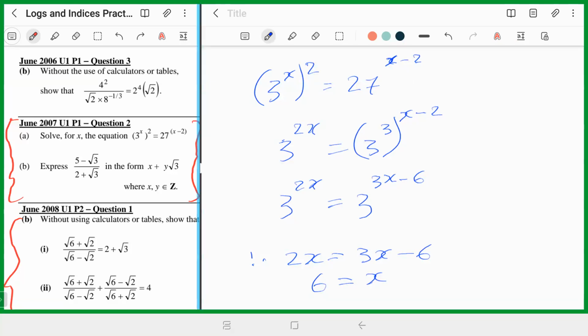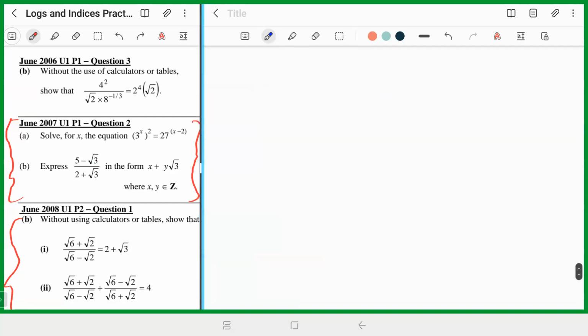Let's look at this one. It says, express this in this form. They basically want us to rationalize the denominator. Express it in this form. All right? So we want to rationalize the denominator. Let's go. I think this is the first one we get to practice within the topic. So we have 5 minus root 3 over 2 plus root 3.